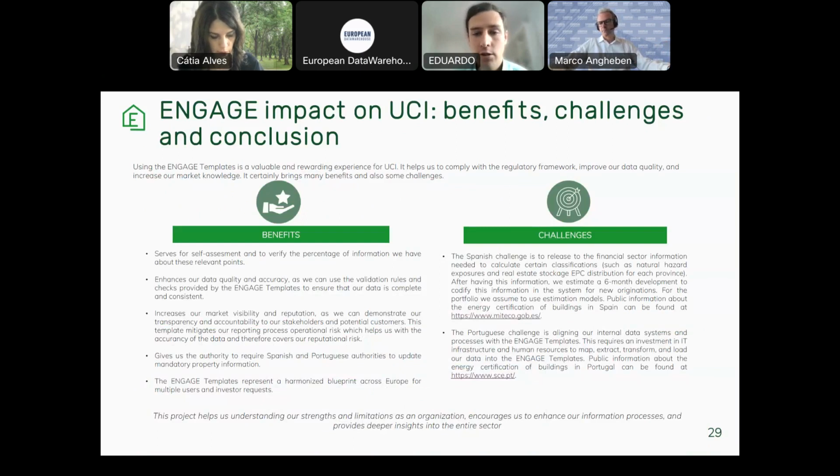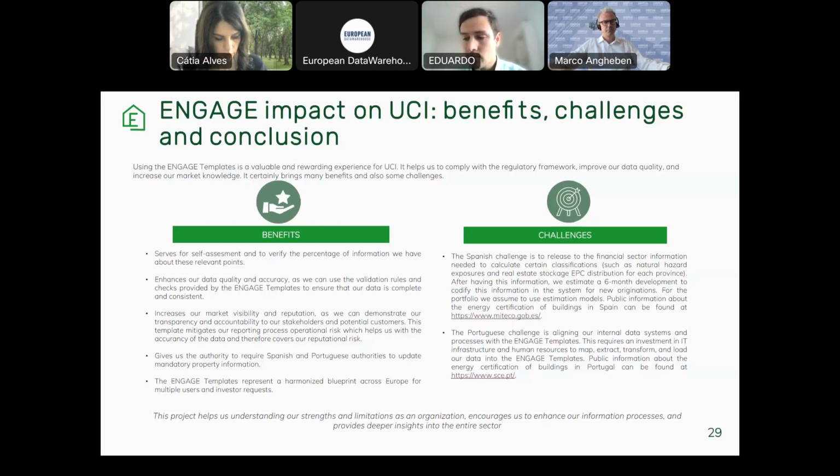They help us comply with the regulatory framework that is coming, improve our data quality, and also increase our market knowledge. Among the benefits, first of all, we can use this for self-assessment, to know what share of the information we have of all these points is already available, to detect outliers, etc.